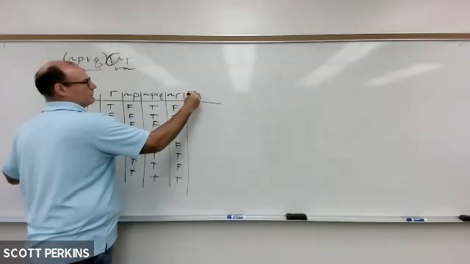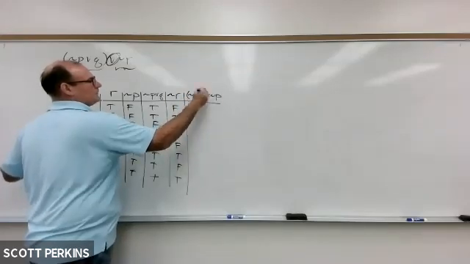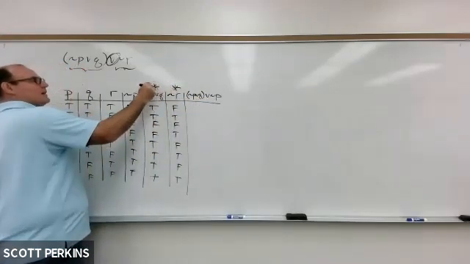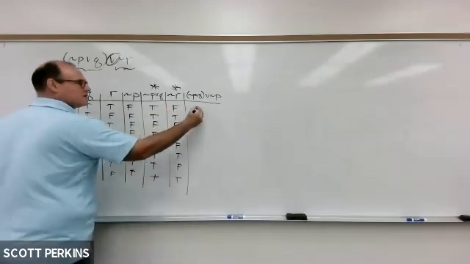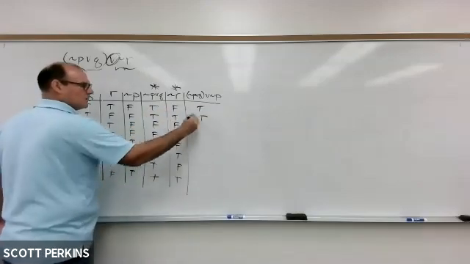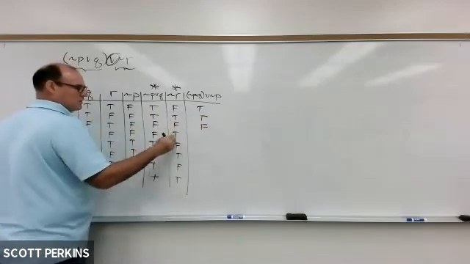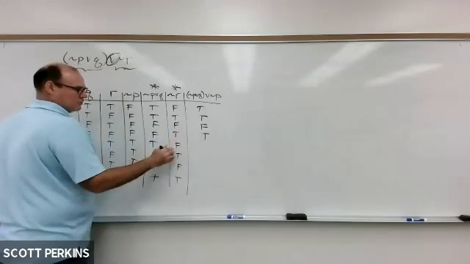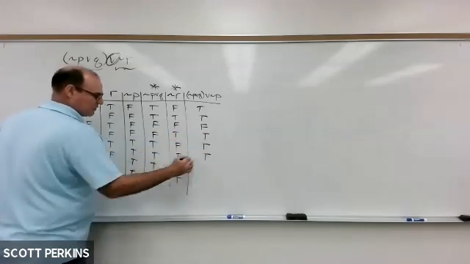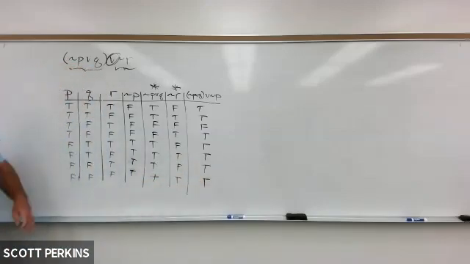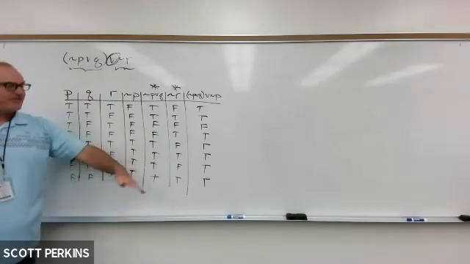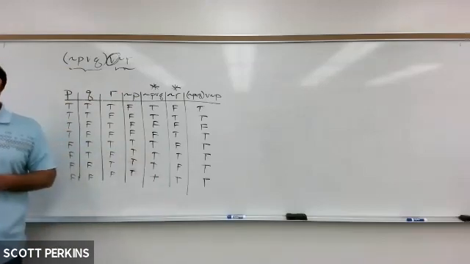So it's this column right here and this column right here with my OR statement. So when is the OR true? When either one of them is true. So true or false, true or true, false or false, false or true, true or false, true or true, true or false, and true or true. So our last column there should be 2 trues, a false, and then the final 5 are trues.